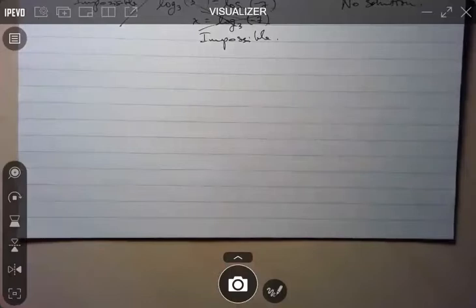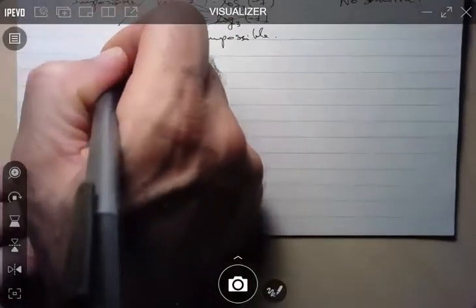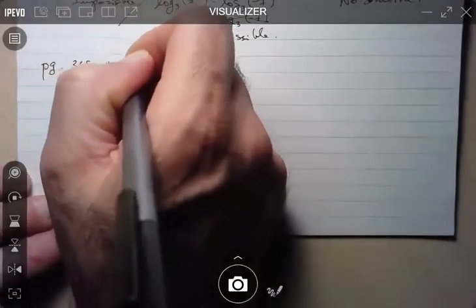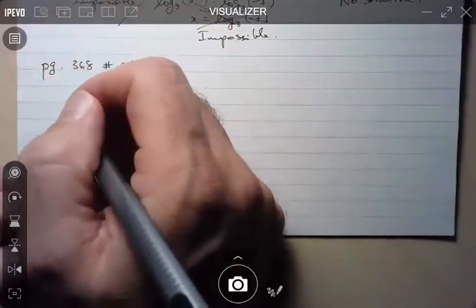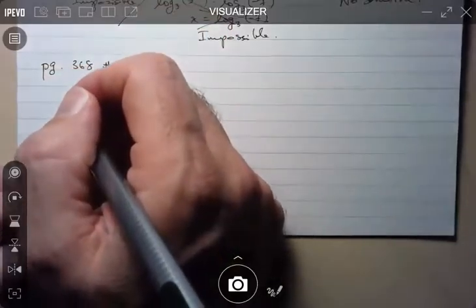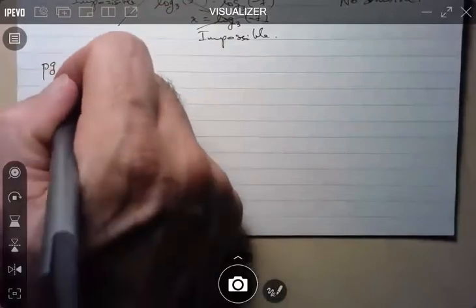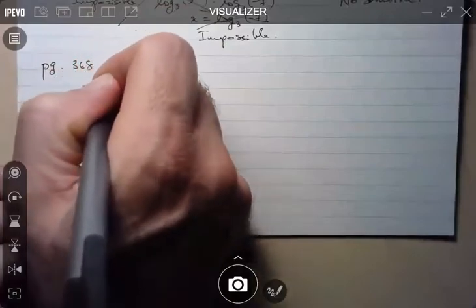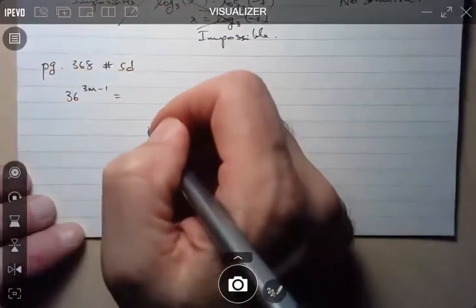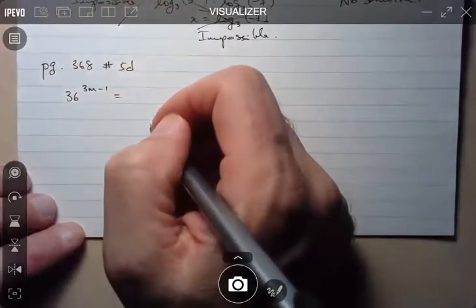All right, 5D. Okay, so another solving equation, page 368, number 5D. So here we have 36 to the 3m minus 1 equals 6 to the 2m plus 5.